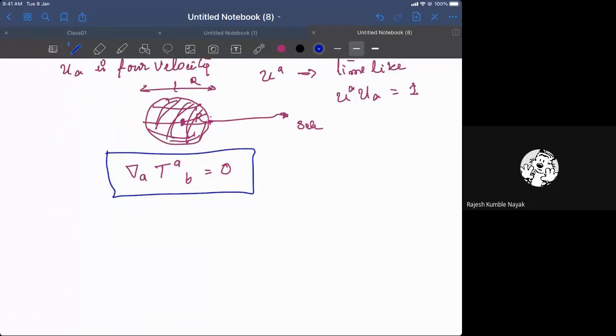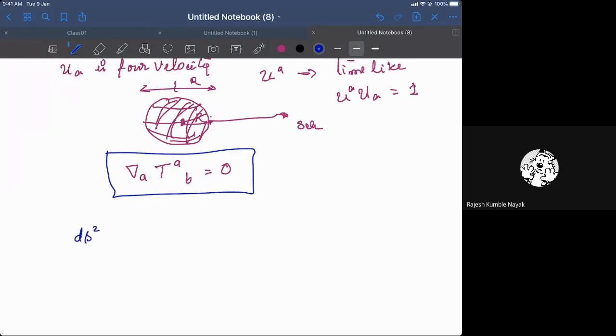So let us look at the spherically symmetric system. We are looking at the interior of a star, which is spherically symmetric and filled with the perfect fluid.